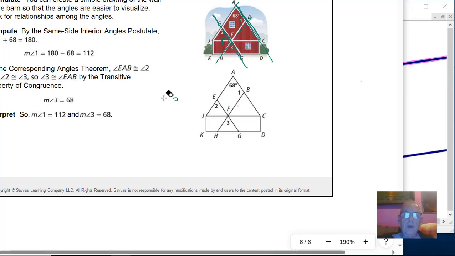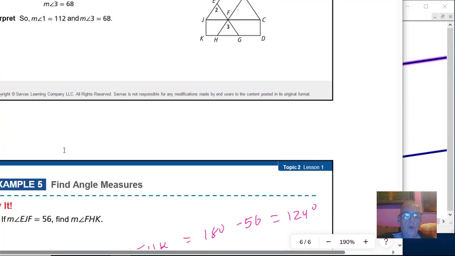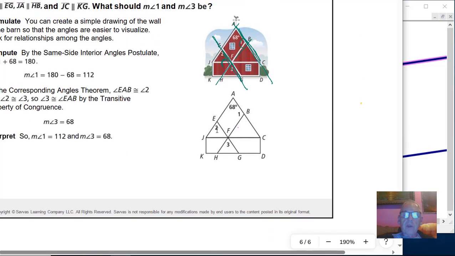Let me kind of summarize what's going on here. So we've got that angle EJF is 56. EJF is 56 degrees. I'm going to just mark it with the congruent arc.